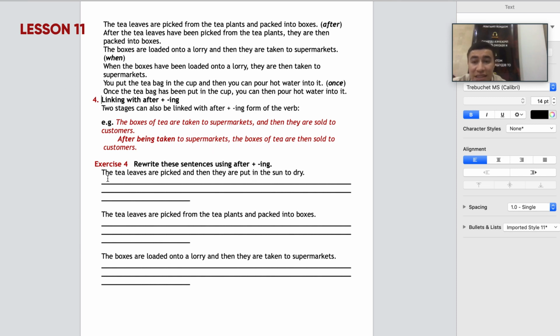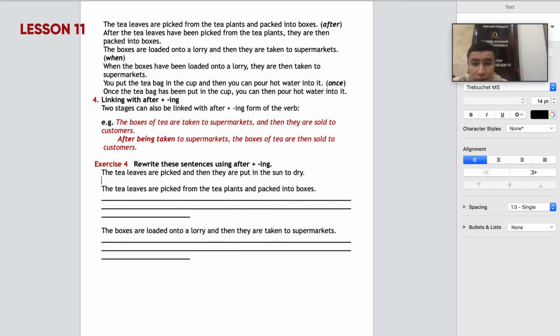Okay, here you have an exercise. You should rewrite these sentences using after plus ing. Okay, the tea leaves are picked and then they are put in the sun to dry.